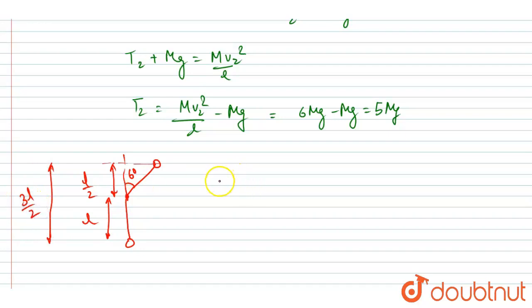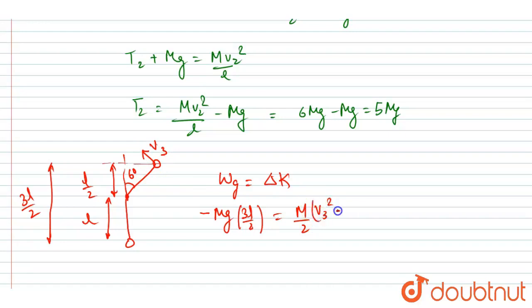Again we will apply the same work energy theorem. Work done by gravity is equal to change in kinetic energy, but this time the work done by gravity will be equal to mg into 3L by 2. Let's suppose in this position the velocity is v3, so I will write m by 2 v3 square minus initial velocity square, that is 10 gL.